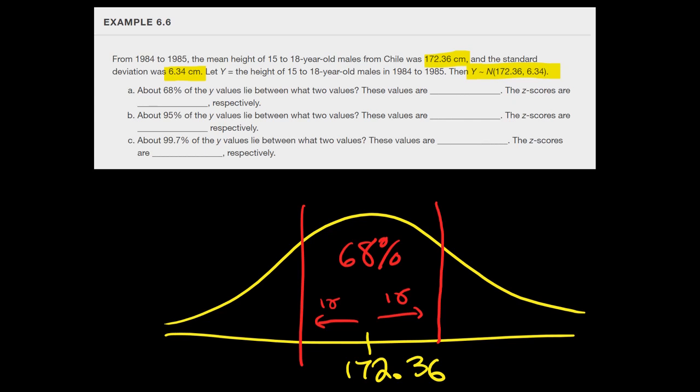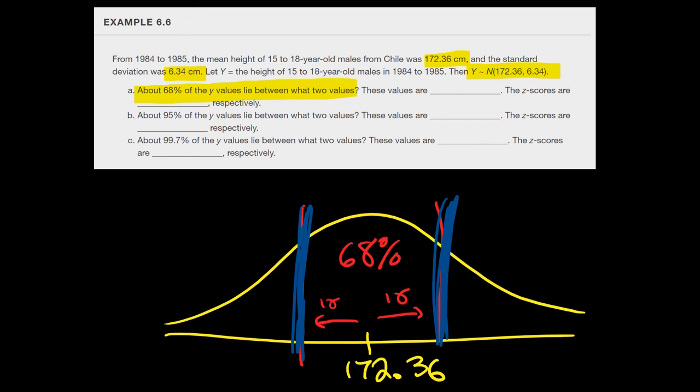So this first question asks: about 68% of y values lie between what two values? Basically, I need to figure out where one standard deviation above and below the mean is.